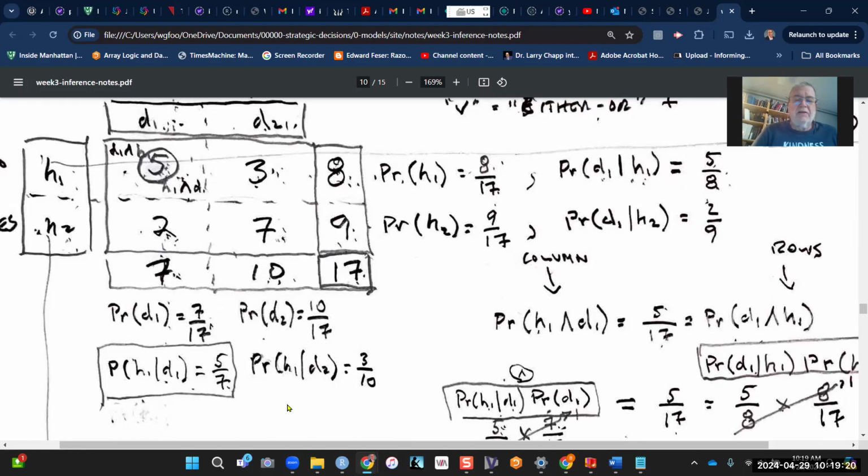So this is flipping it. This is asking the question, what is the probability of hypothesis one, no predation, that's our hypothesis, our conjecture, given that we see no predation? Given that we see no predation, 5/7. What is the probability of this hypothesis if we do see it? 3/10 less.